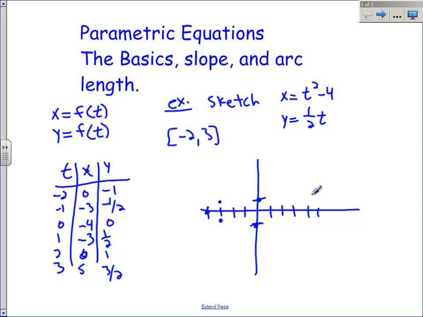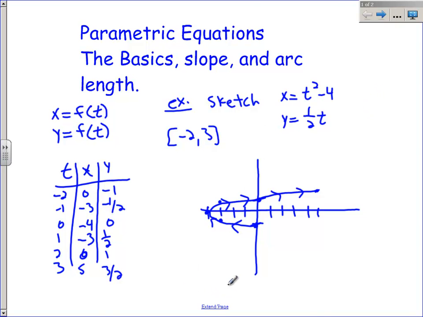And what we can do here is sketch this little smooth curve, but we can also indicate direction. See, we began when time t equals -2, and we moved along this curve in this direction. So we can put little arrows and tell you what happened. So it's a way of introducing a third variable or time into a two-dimensional picture.